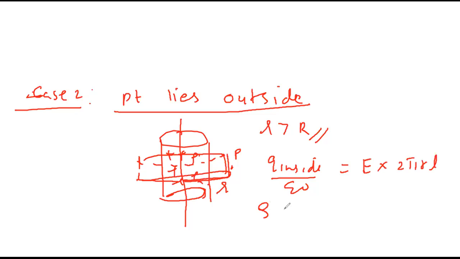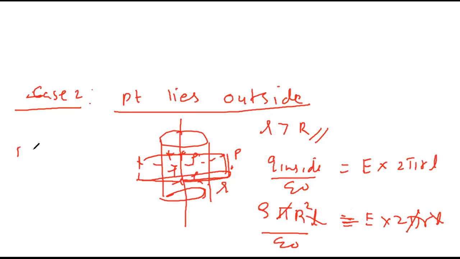This time for volume will we take pi small r square or pi capital R square? Capital R square, into L upon epsilon naught is equal to E into 2 pi r L. L and pi cancel.